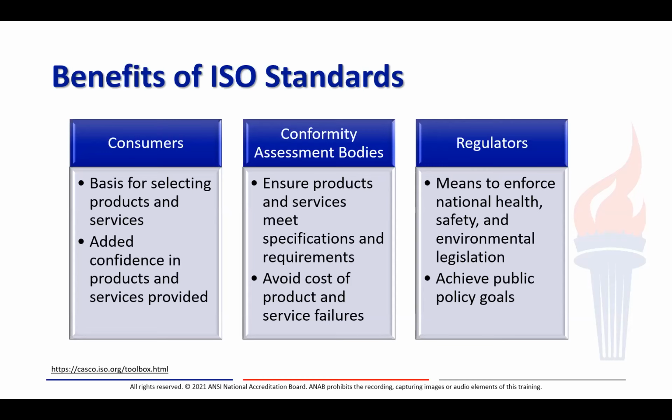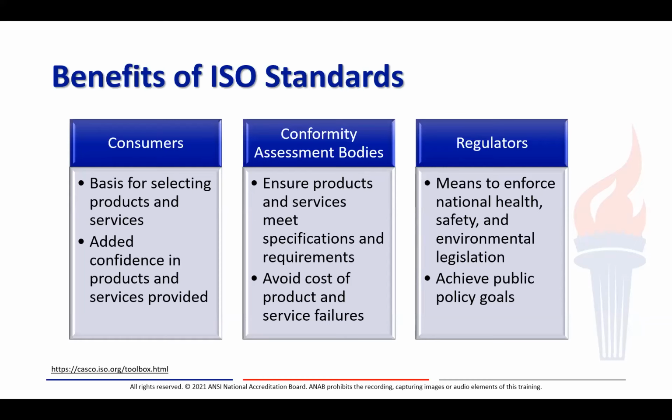This adds confidence to the products and services provided. These organizations are audited or assessed by independent third parties that attest to the management system's conformance to requirements. It is a means to ensure that the products and services meet specifications and requirements, as well as aids in avoiding the cost of product and service failures.